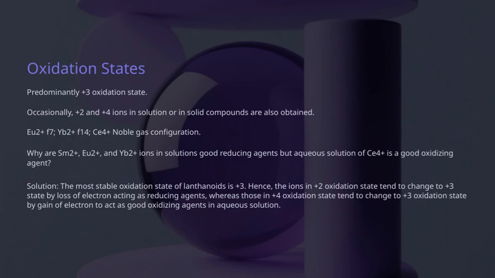Occasionally, ions in +2 and +4 oxidation states can be obtained either in solution or as part of solid compounds, but the predominant and most stable oxidation state for lanthanoids remains +3. In summary, understanding these oxidation states helps us predict chemical behavior, whether an element will act as a reducing or oxidizing agent, and gives us insight into their stability and reactivity in different environments.